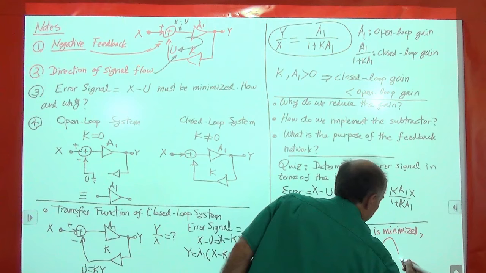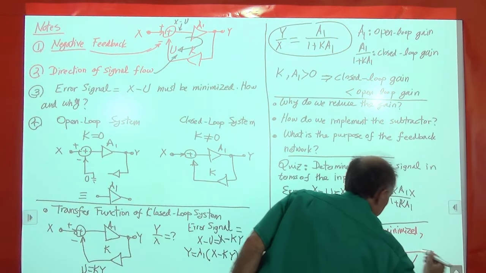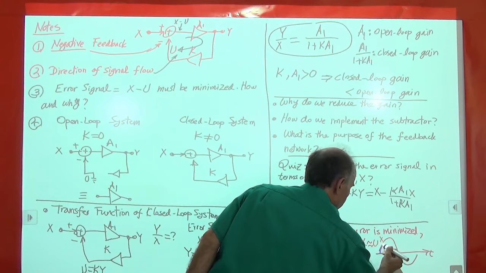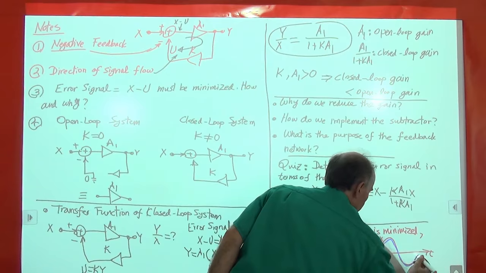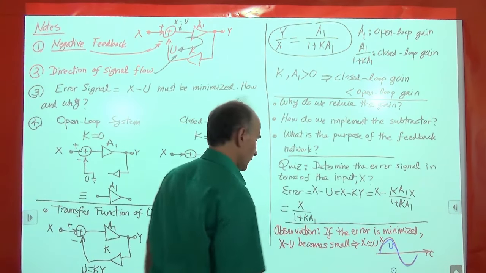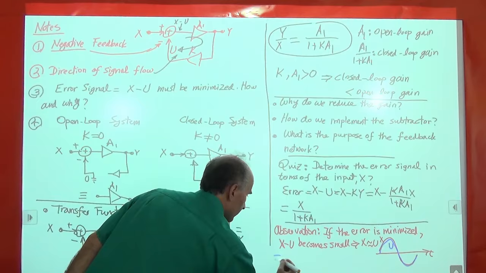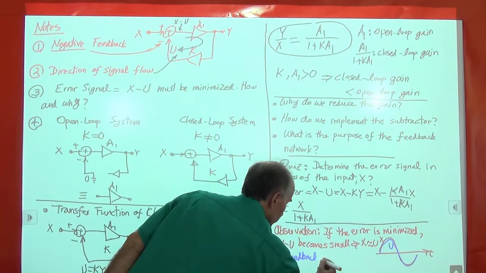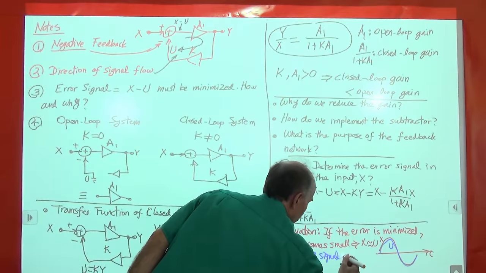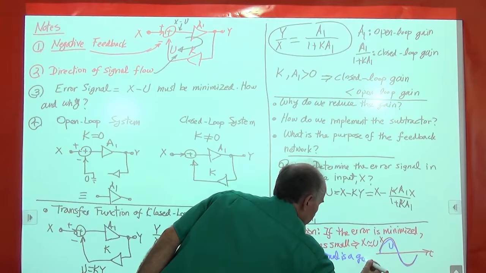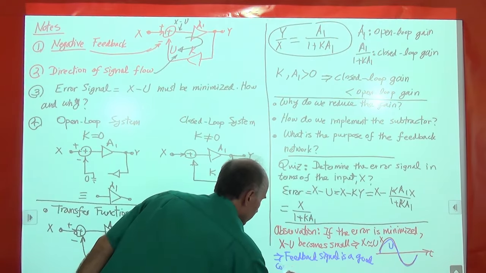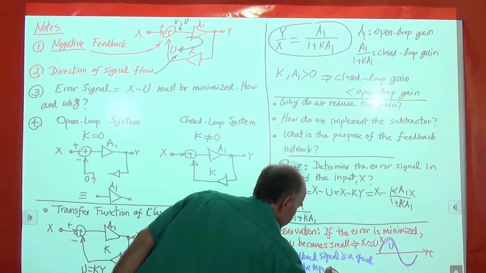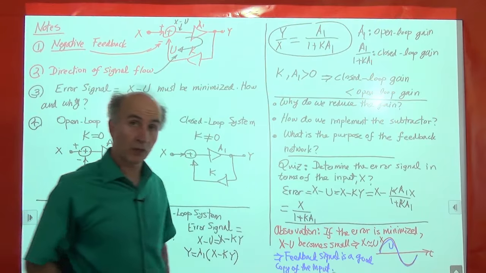So if this is X as a function of time, then U, the feedback signal, will also be very close. So that would be U. So that means that the feedback signal is a good copy of the input. U becomes a good copy of X.